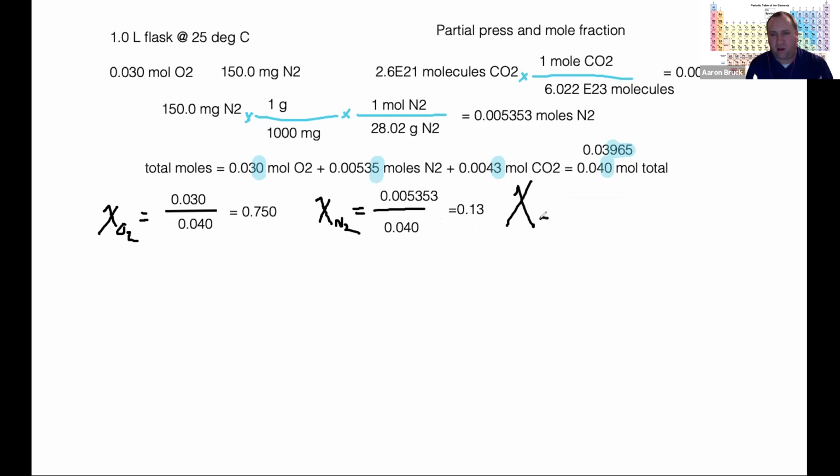For carbon dioxide, I would take the 0.0043 and divide by 0.040. And if I do that, I get 0.11.